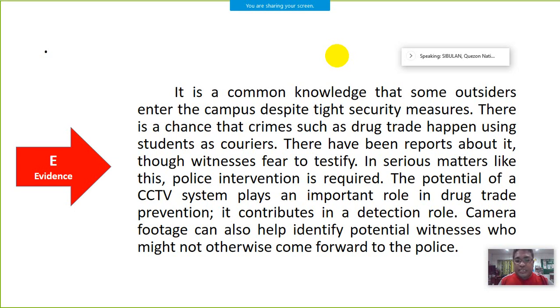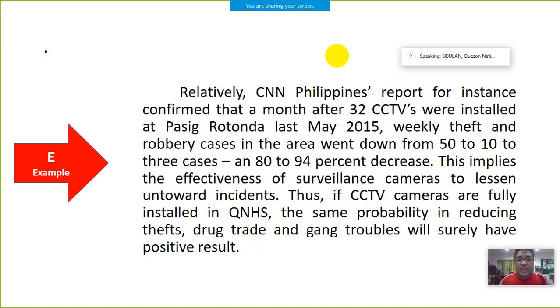It contributes in a detection role. Camera footage can also help identify potential witnesses who might not otherwise come forward to the police. So this is evidence also supporting the position made that there's really a need for CCTV installation in the campus.